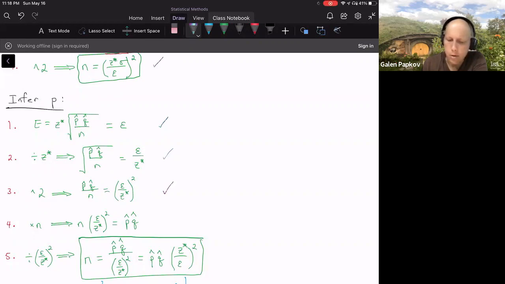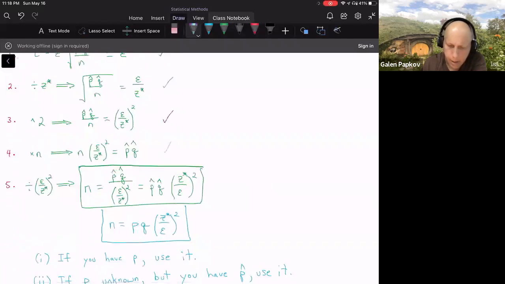Finally, multiply both sides by n. When you do that, you get n times epsilon over z star squared equals p hat q hat. And finally, divide by epsilon over z star squared, which is the same thing as multiplying by the reciprocal, z star over epsilon. So that's flipped in the final answer over here.